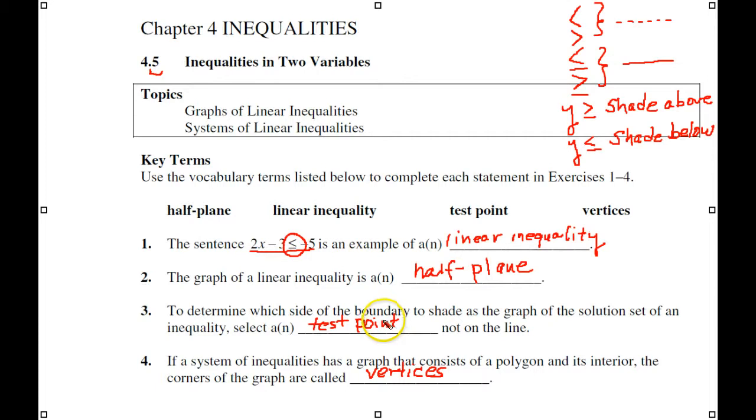If the test point that we choose, a pair of coordinates, makes the statement correct, that's the part we shade. If it's not correct, we shade the other part. And if you end up with a polygon because of different points, the corners of the graph, and you'll see illustrations of this, are referred to as the vertices.